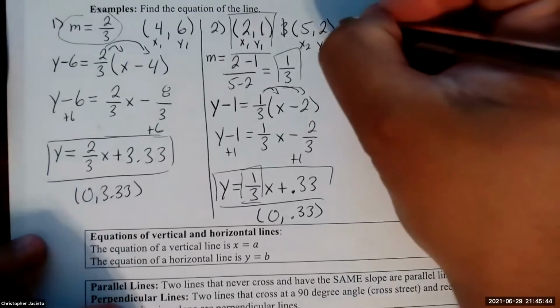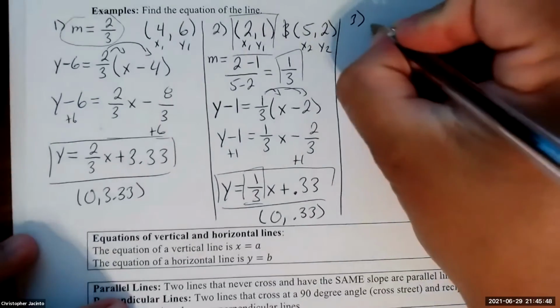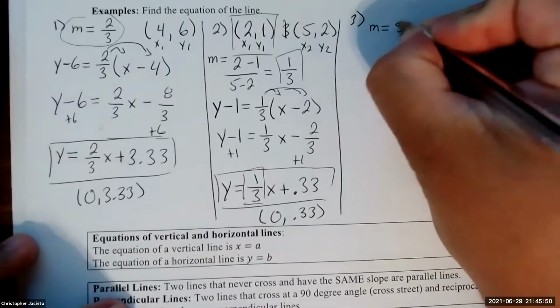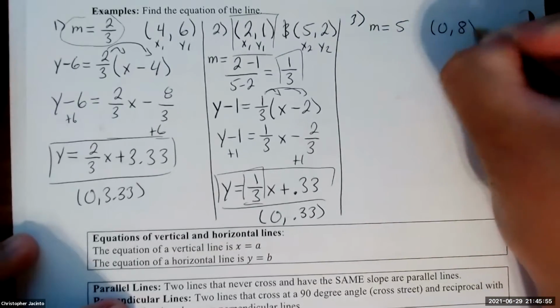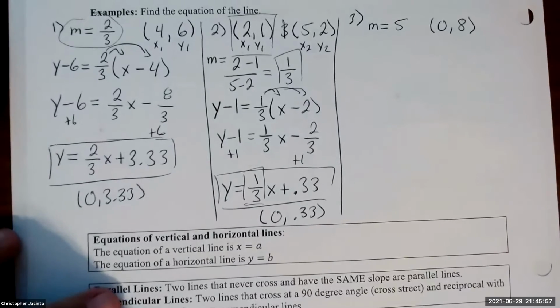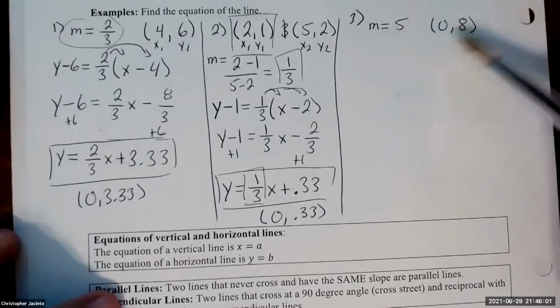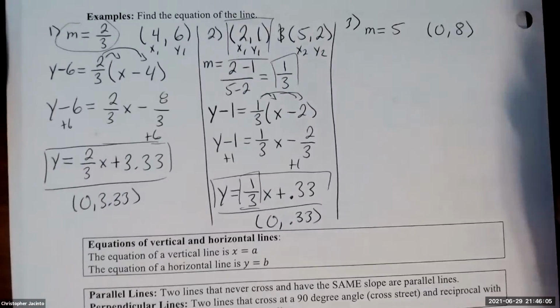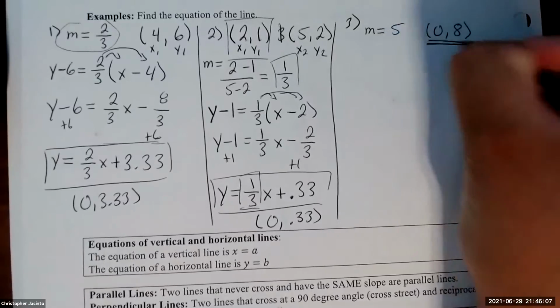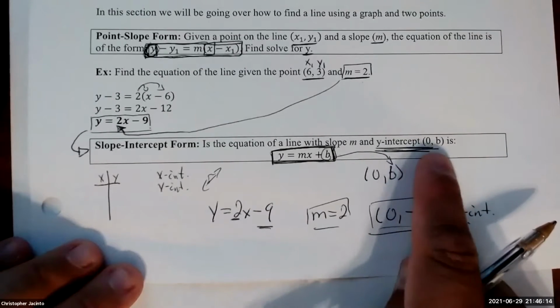Okay. So now let me show you the easiest of the scenarios you'll see. Same thing, we want to find the equation of a line given a slope and the point. Now, the reason why I say this is the simplest of them, if you can recognize this, that is your y-intercept, 0, comma b.